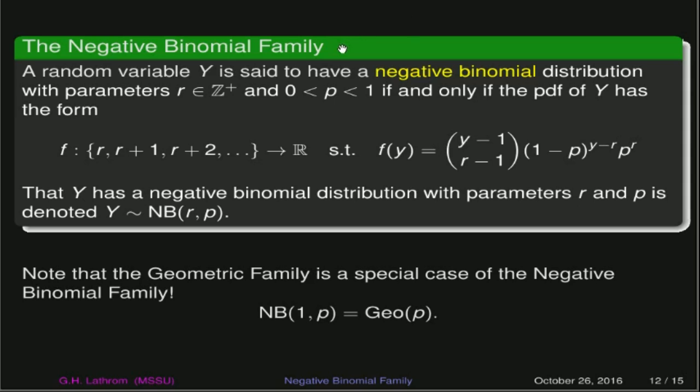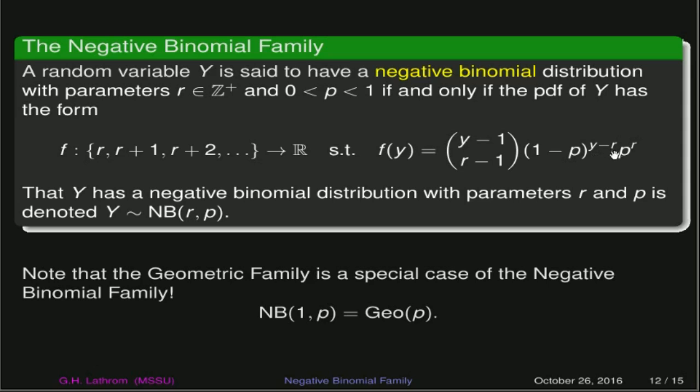So we've got a random variable Y is said to have a negative binomial distribution with the parameters r, a positive integer, and p, a real number between 0 and 1, if and only if we can write the PDF of Y as a function with a domain r+1, r+2, ... into the real numbers, such that f(y) is going to be (y-1 choose r-1) times (1-p)^(y-r) times p^r.